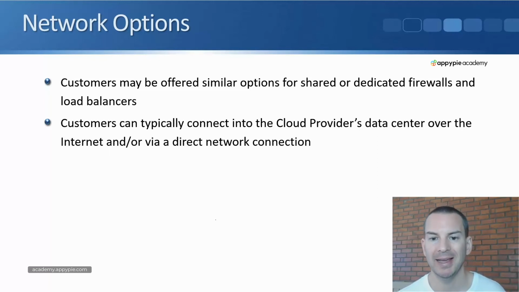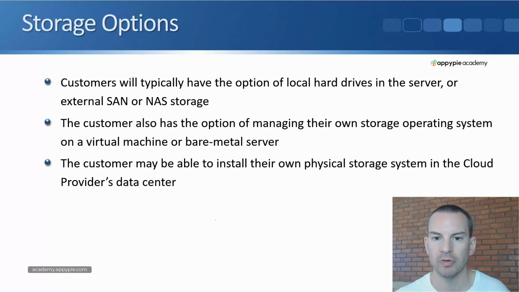Customers can typically connect into the cloud provider's data center over the internet and or via a direct network connection. With the storage options, customers will typically have the option of local hard drives in the server or external SAN or NAS storage. The customer also will often have the option of managing their own storage operating system on a virtual machine or bare metal server.